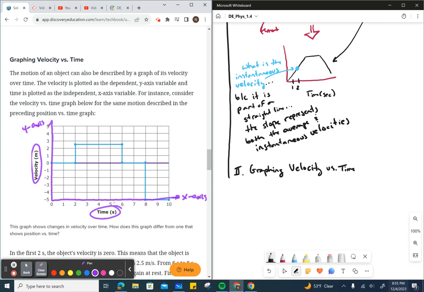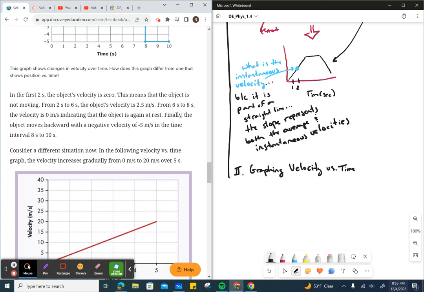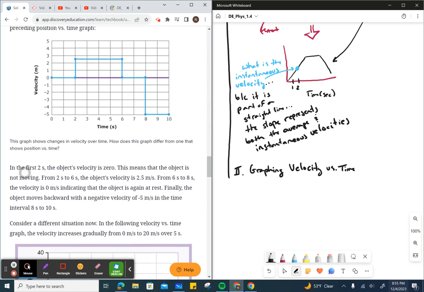So what does it say up in top here? It says the motion of an object can be described by a graph of its velocity over time. The velocity is plotted as a dependent y-axis. Okay, yeah, we got that. That's all pretty basic. Let's move on a little bit. In the first 2 seconds, the object's velocity is 0.